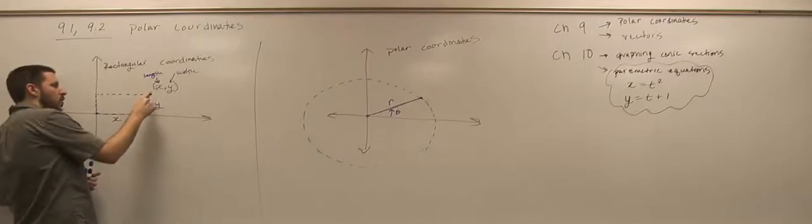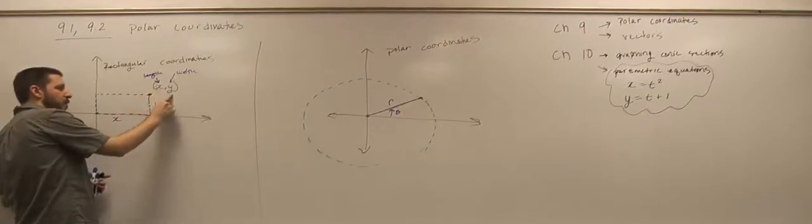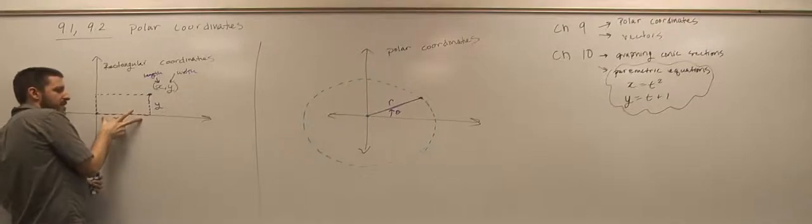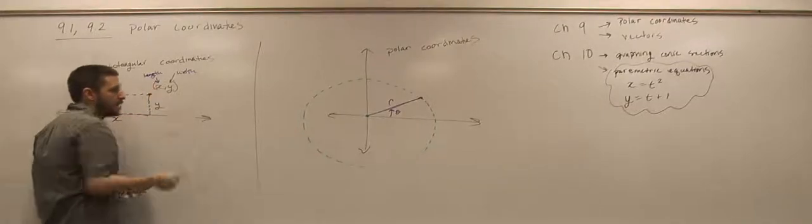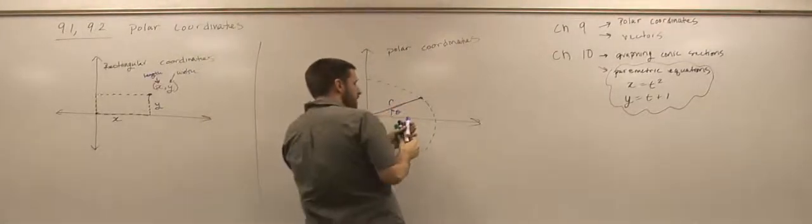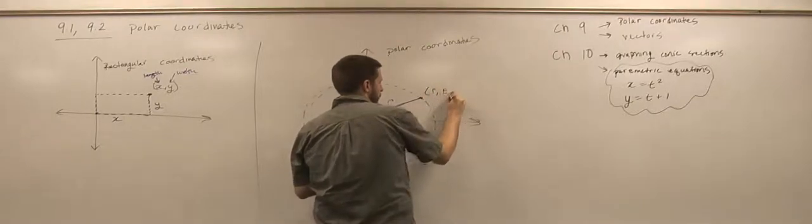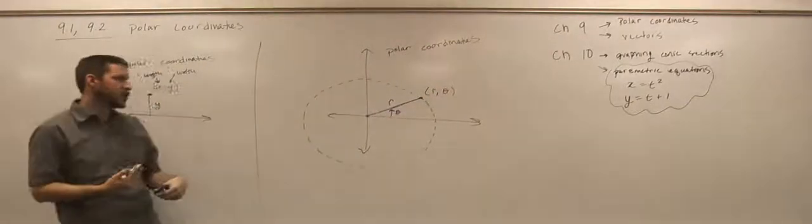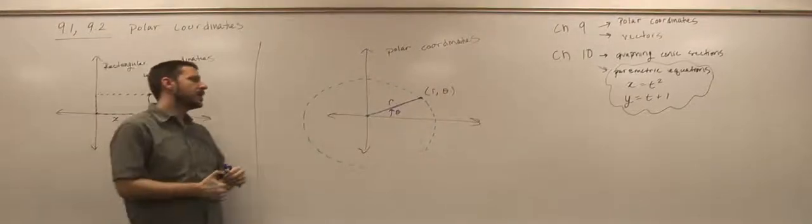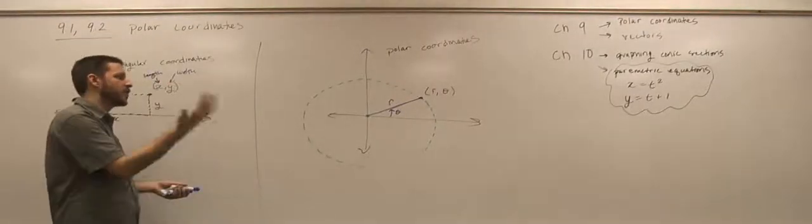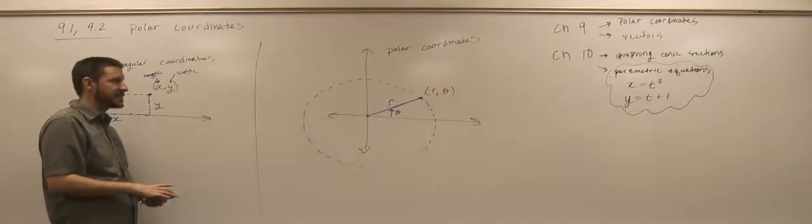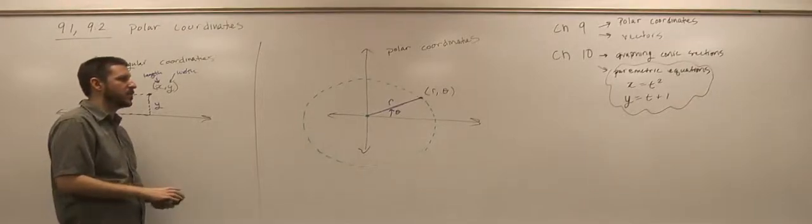So in rectangular coordinates, you label your point x comma y, where the x is the length of the rectangle and the y is the width. Here you're going to label your coordinate r comma theta, where r is the radius circle that the point lands on, and theta is how far you have to go from the positive x-axis to get to that point.